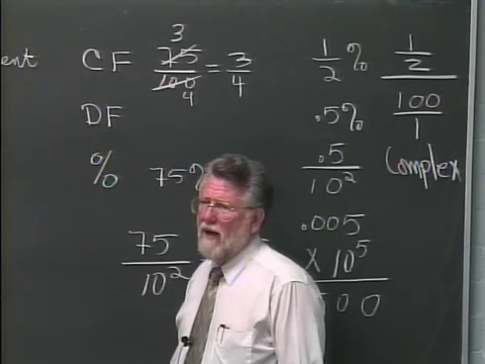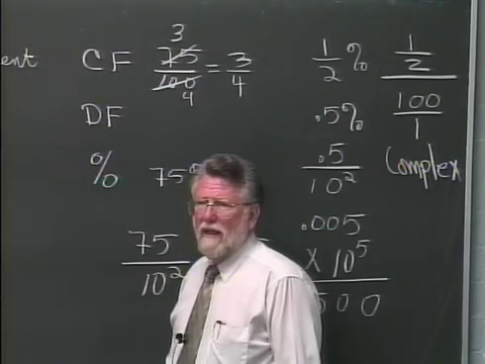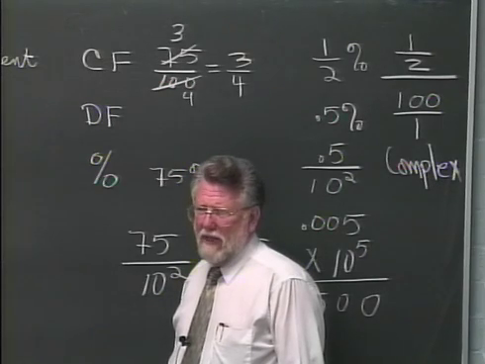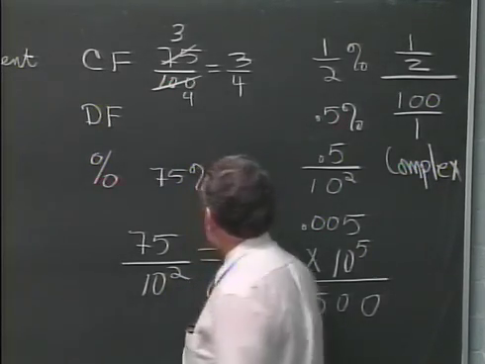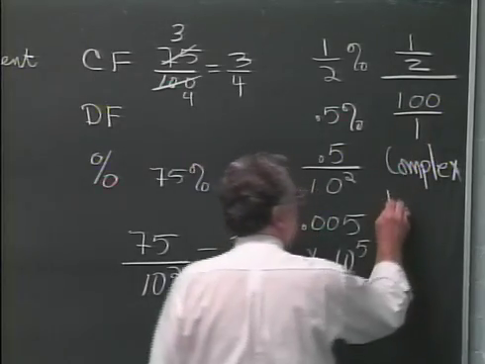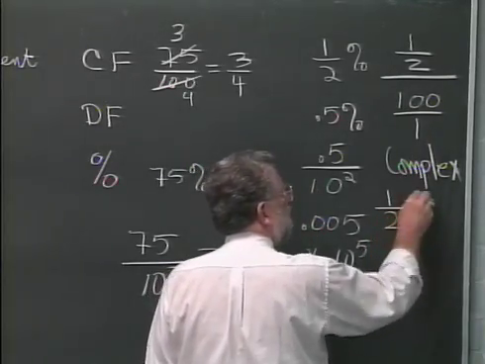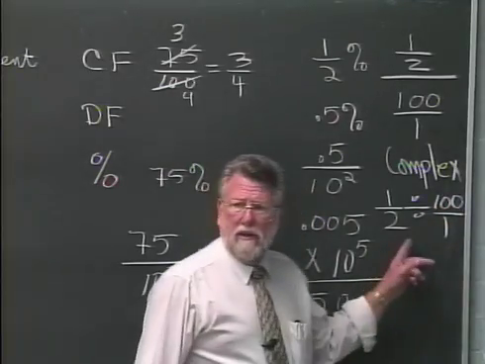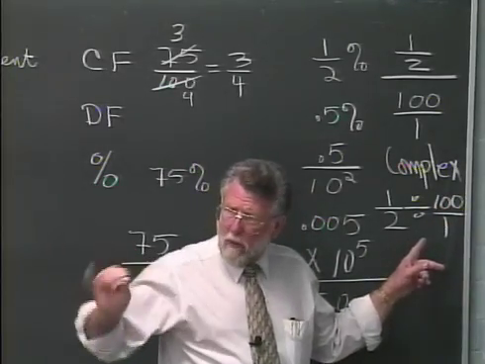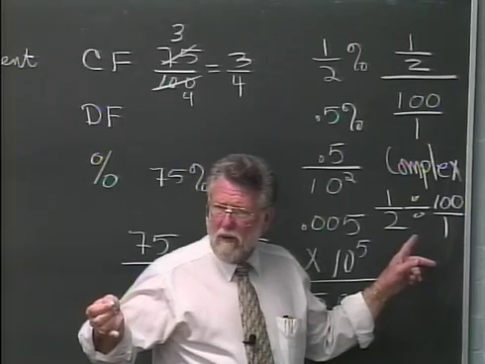I've got a fraction over a fraction. Complex fraction. Invert, otherwise treat it as a division. This is the same as 1/2 divided by 100 over 1. And then what am I going to do? Flip the 100 over, 1 over 100.